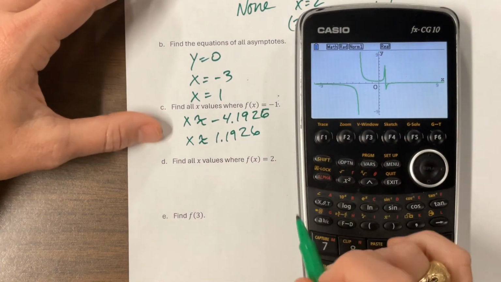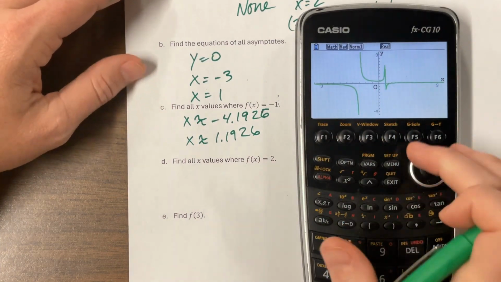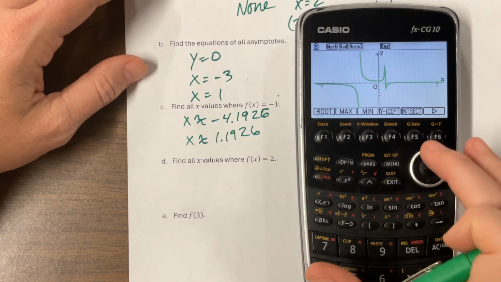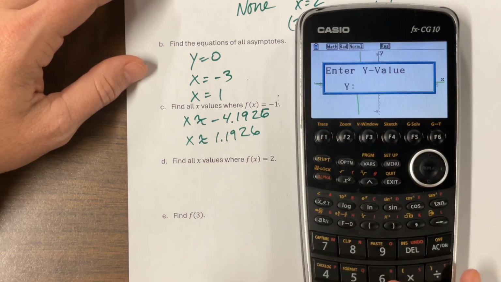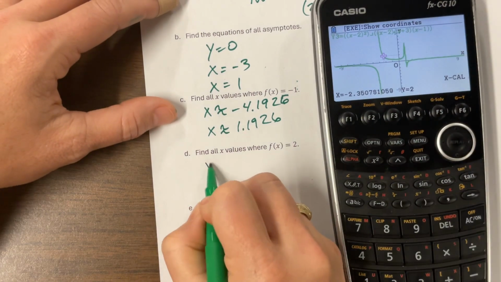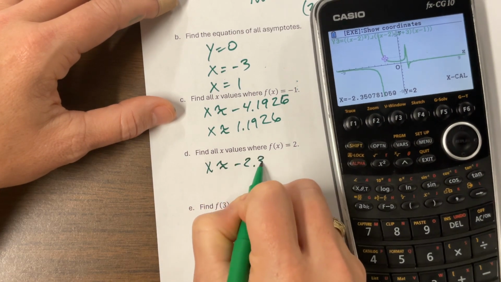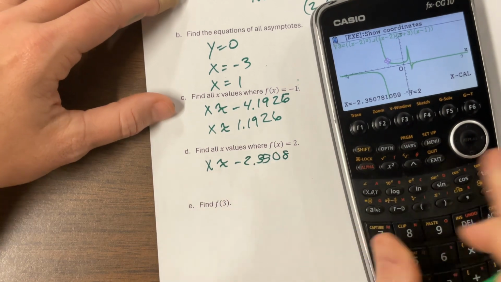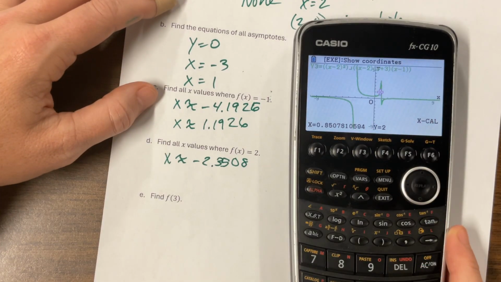And I want to know where f of x equals 2, so we can do g solve xcal when y equals 2. So here's one of them. Here, do we have another one?